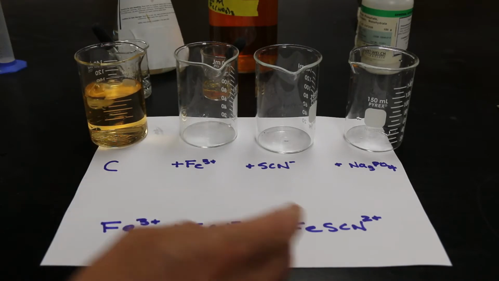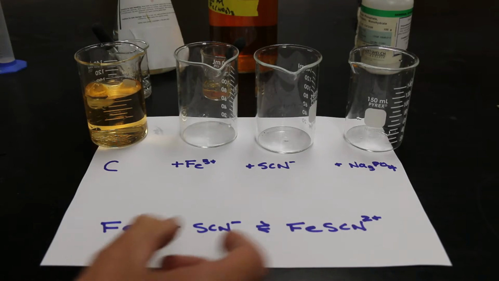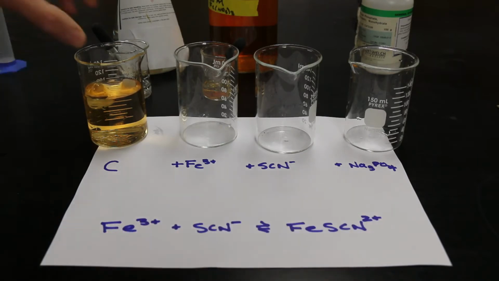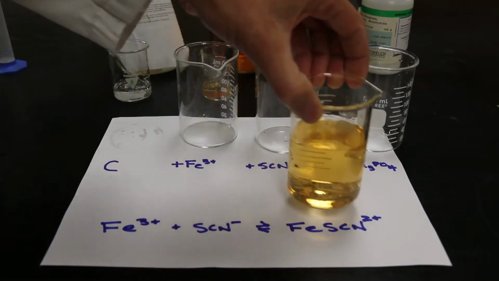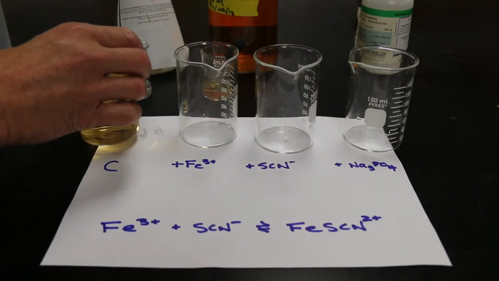What I've formed is what's called the iron(III) thiocyanate complex. Iron bonds to the thiocyanate and makes this complex, and this complex is that orangish color.